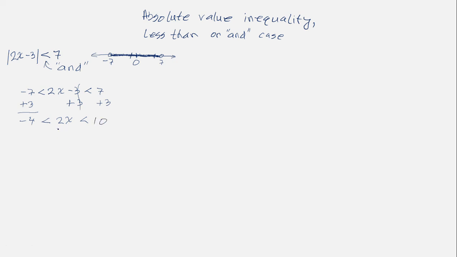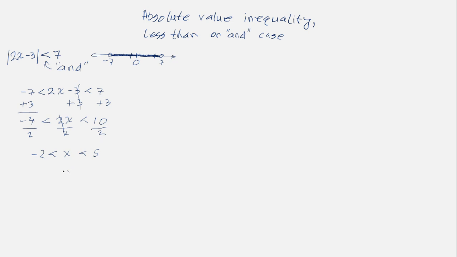Now what we need to do is divide by 2, and we need to do it to every side. If we divide by 2, then x is by itself. And it is between negative 4 divided by 2, which is negative 2, and 10 divided by 2, which is 5.